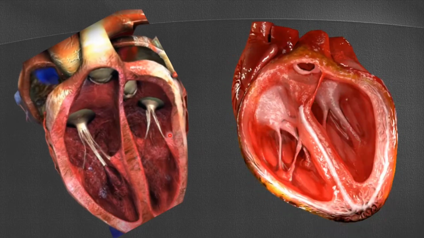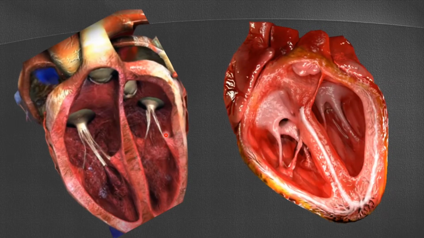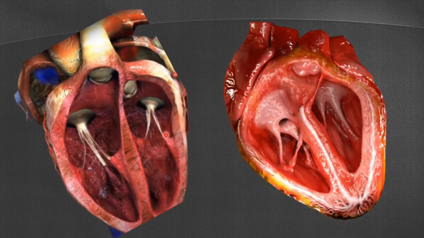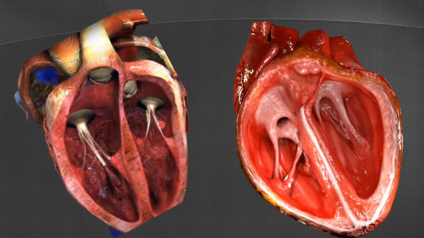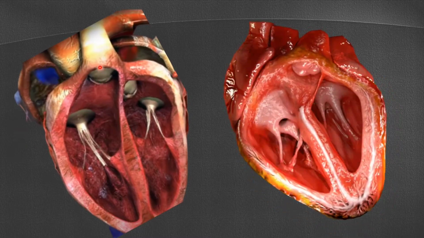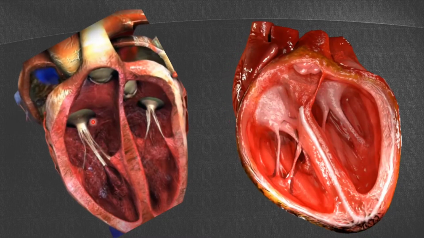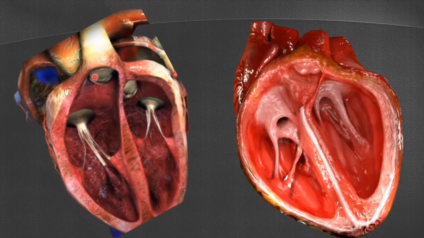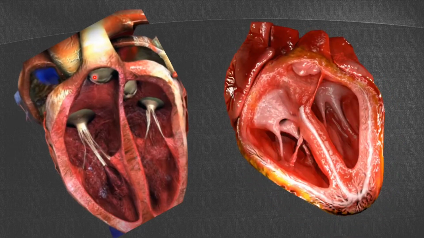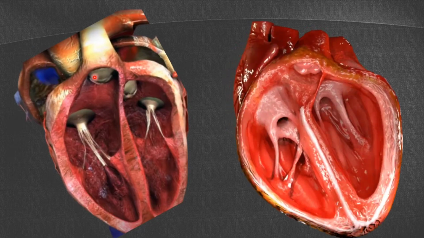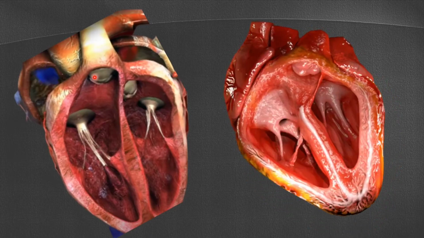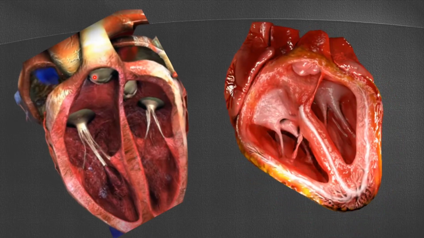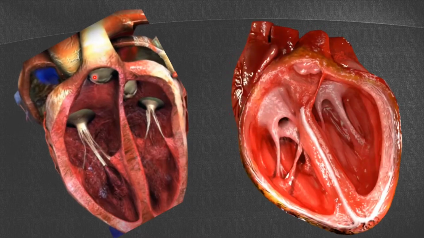The reason why the right side of the heart is thinner and the left side wall is thicker is that, as we already know, the pulmonary vessels have less pressure, about 25 millimeters of mercury, and in the systemic vessels the pressure is 120 millimeters of mercury.